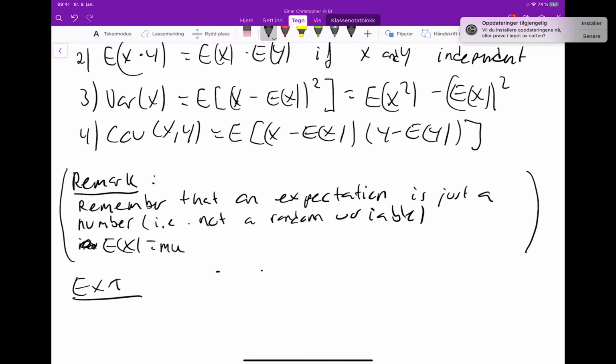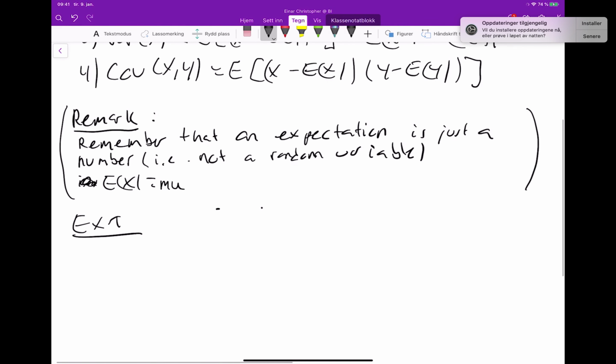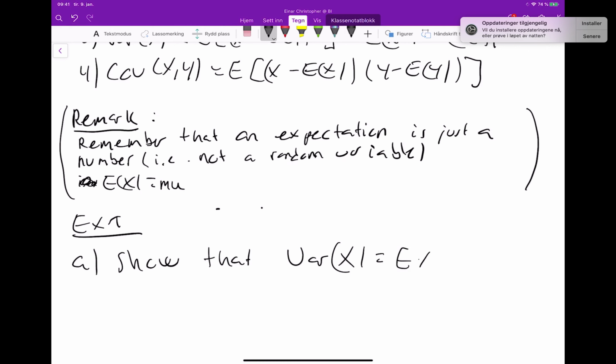Exercise 1a, show that the variance of x is equal to the expectation of x to the power of 2 minus the expectation of x, to the power of 2.